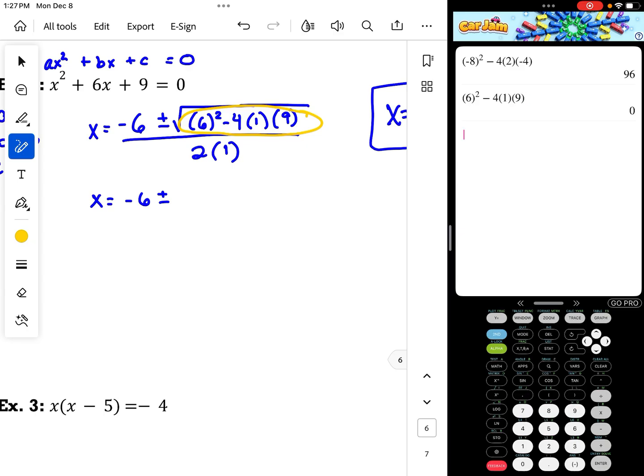Yeah, 0. So we'll rewrite, but with square root of 0 inside the radical. And then 2 times 1 is just 2.